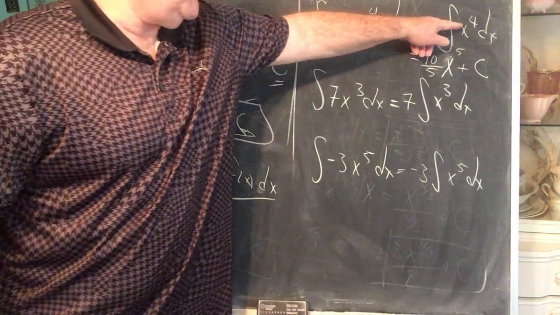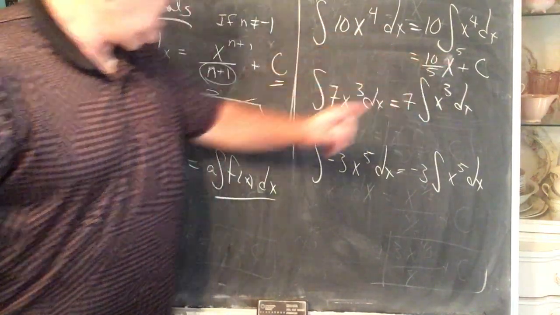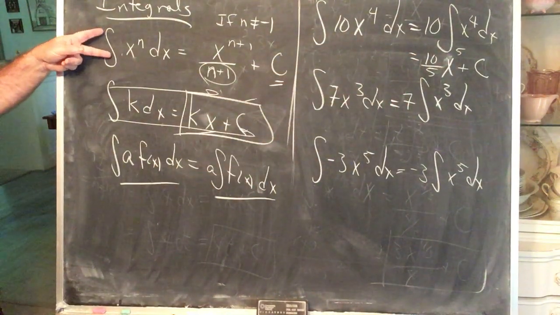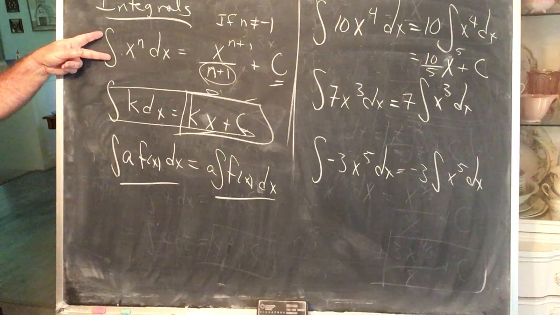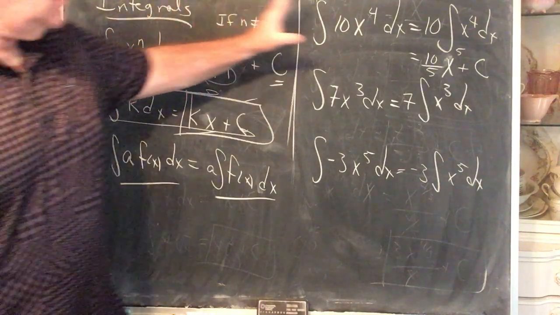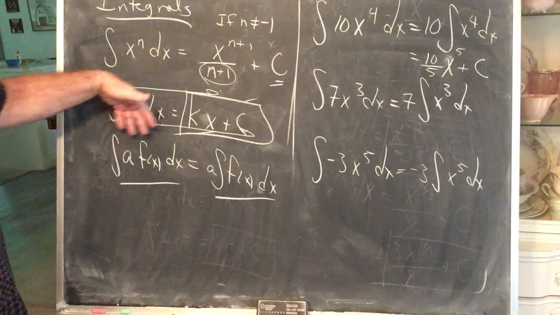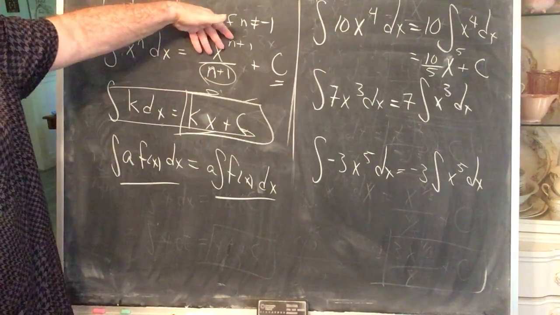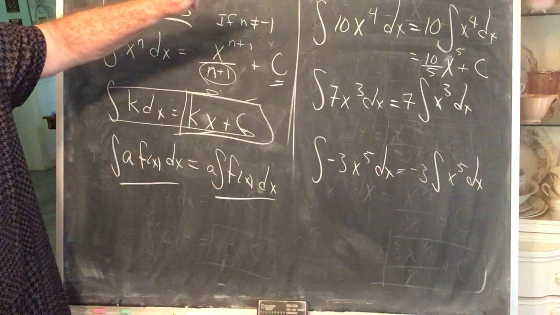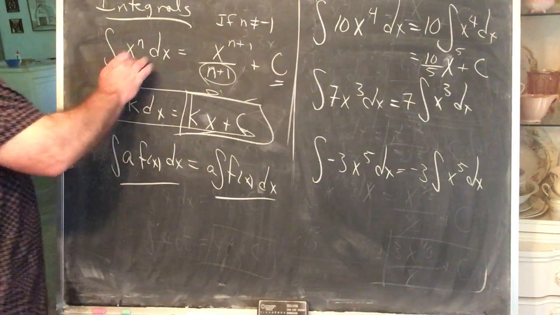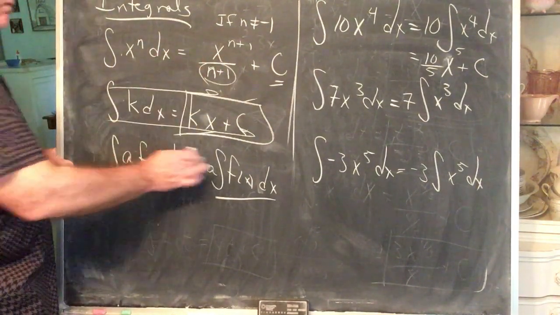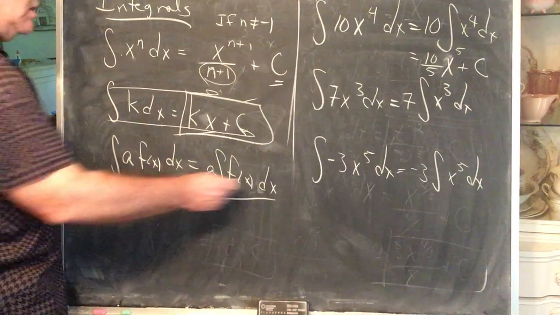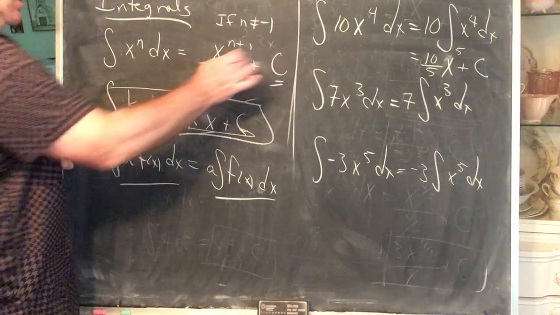And then to get from this step to this step, we applied this rule. And so that's why in this scenario, if you have integral is equal to integral, you don't need plus constant. If you have integral is equal to this expression, then you need the constant of integration. The key is integral equals expression or integral equals integral. In this scenario, no constant. In this scenario, you do need the constant.